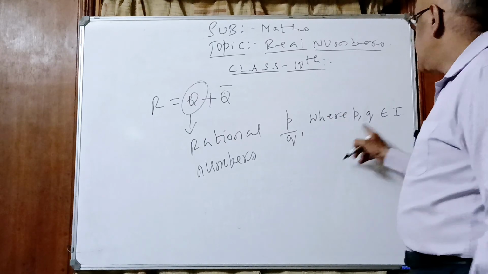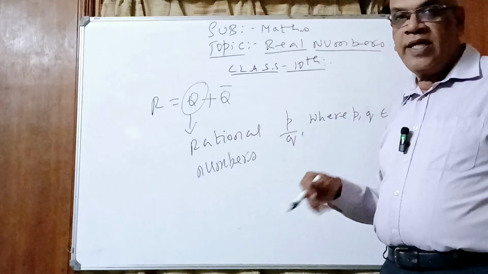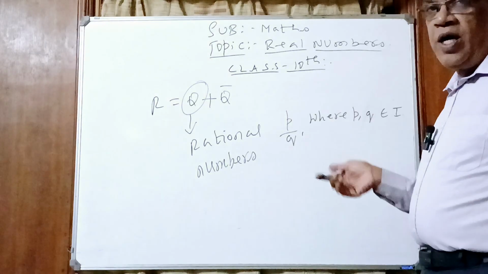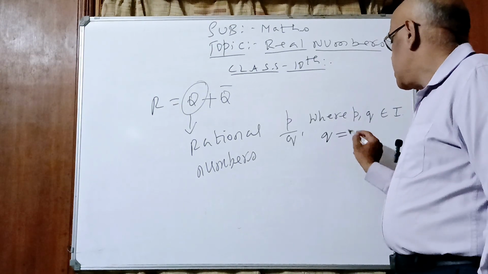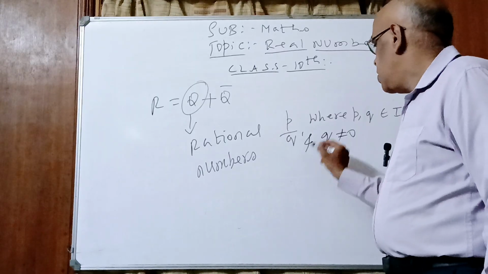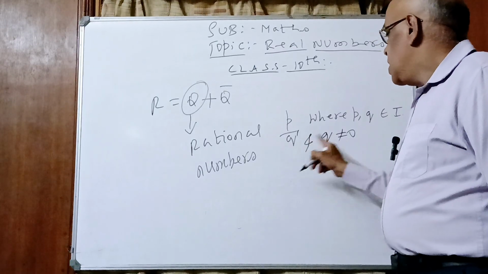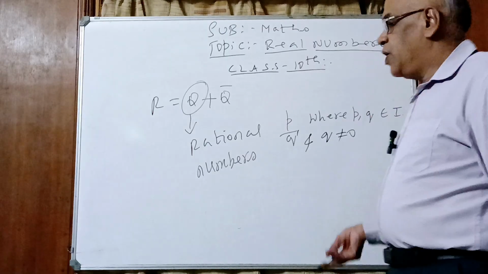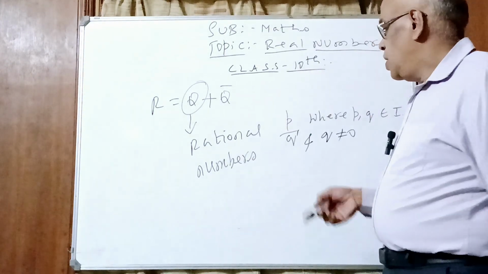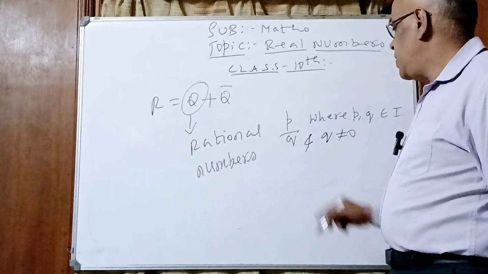When you say P and Q are integers, they can be positive, 0 or negative. Then we put the condition Q is not equal to 0. Why do you put the condition on Q? Because they are integers, they can be positive, negative, 0. Here, the denominator should not be 0.